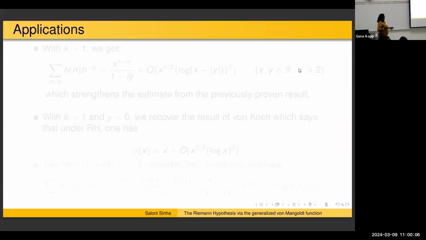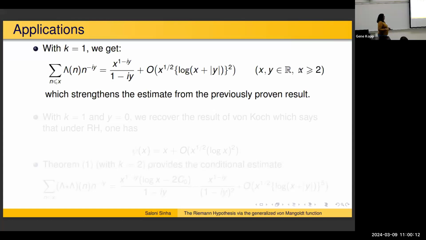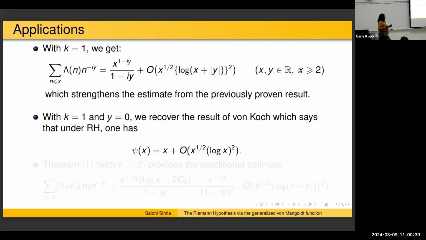Before I get into that, I just want to point out a couple of applications of this. With k equals 1, this is what we get, right? And this is kind of similar to Gonek, Graham, and Lee's result, but it's a little bit stronger in some sense, with x and y not being very restricted. And with k equals 1 and y equals 0, we are actually able to recover the result of von Koch, which I showed before.